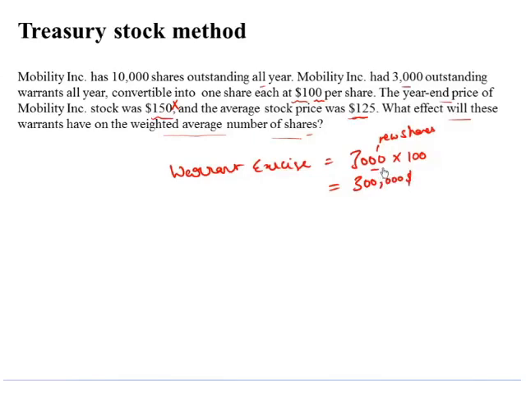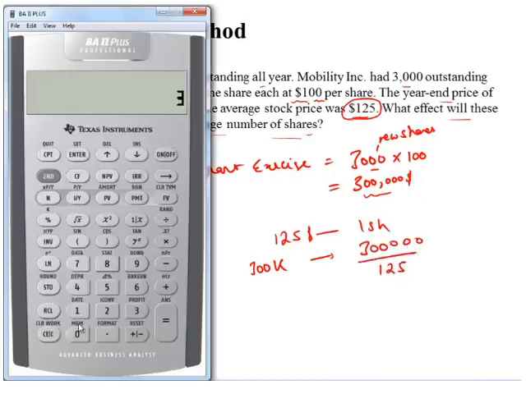Now, these new shares can potentially reduce the EPS. So the assumption is that the firm will use these $300,000 to buy back the shares to offset the impact of this dilution. So at an average price of $125, how many shares could be bought back? So $125 for one share. So for $300,000, the company would be able to buy 300,000 upon 125 number of shares.